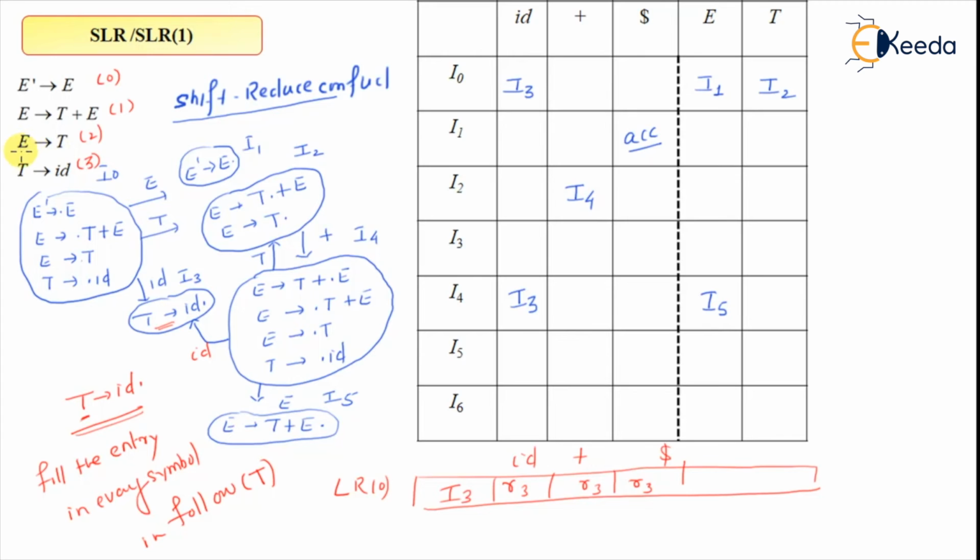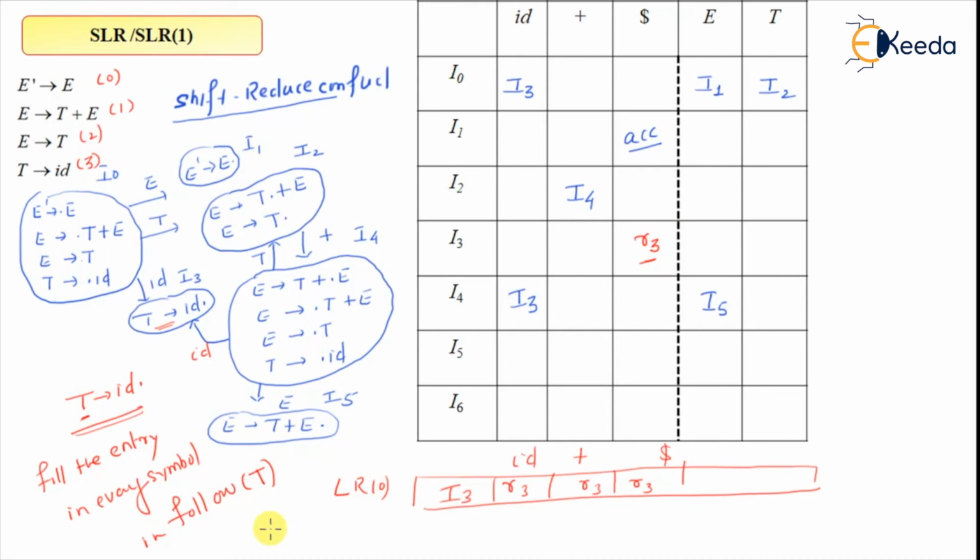Follow of T is Follow of E, and Follow of E is the start symbol, hence dollar, and nowhere else is E present on the right hand side except this place. So in LR(0) I would write R3 everywhere, but here I3 on dollar only I am going to write R3. That is the difference between LR(0) and SLR.